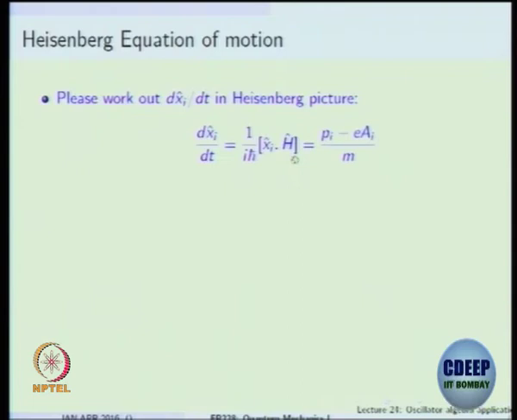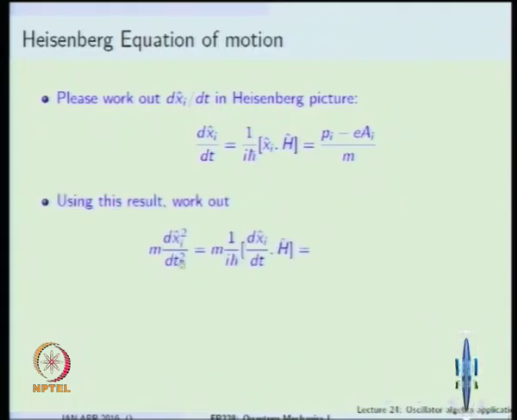If you work it out, you will be able to see this. We would like to work out m d squared xi by dt squared. Okay, so this is something which you need to work out. So it's d by dt of dxi by dt. So the operator dxi by dt will show up on the right hand side with the commutator with the Hamiltonian.